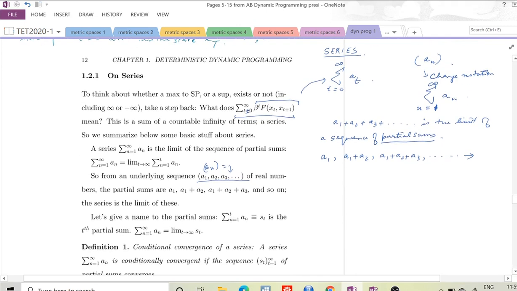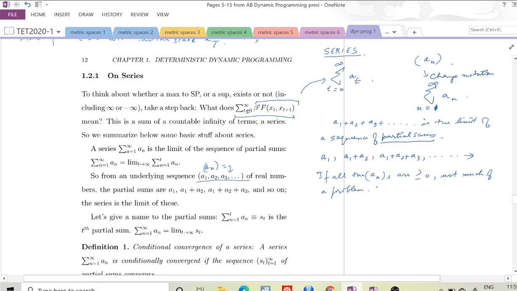Now, if all the A_ns are greater than or equal to 0, we don't need to bother all that much. Not much of a problem. Why is that?